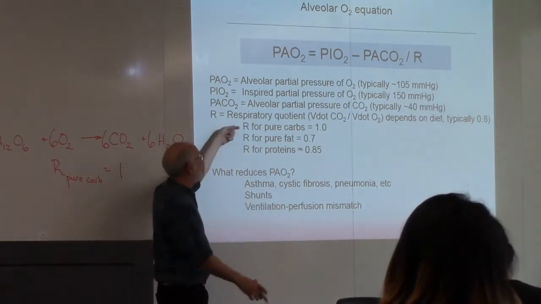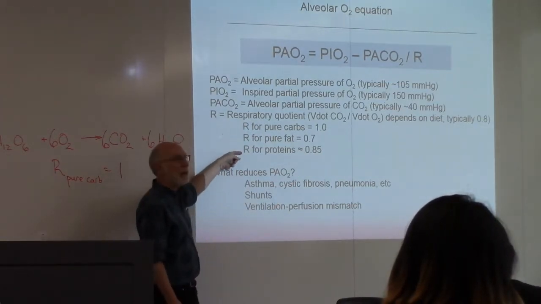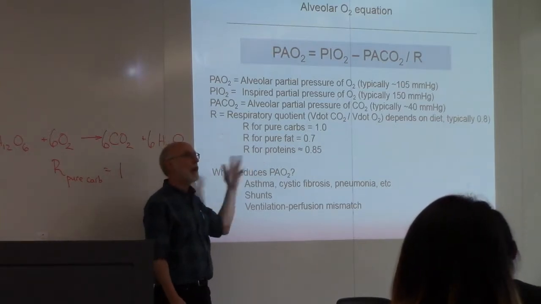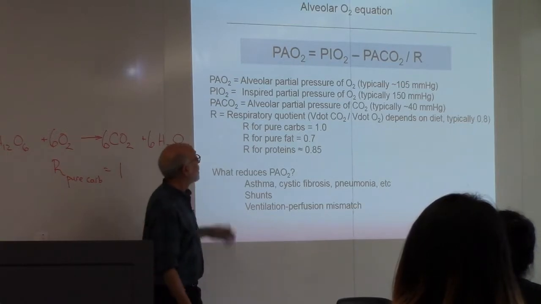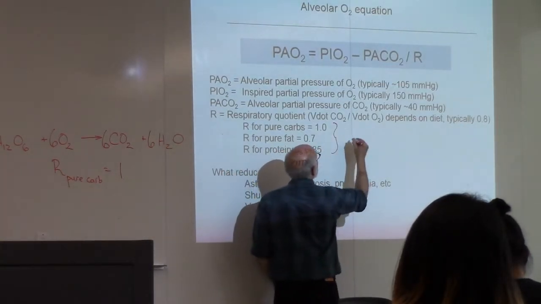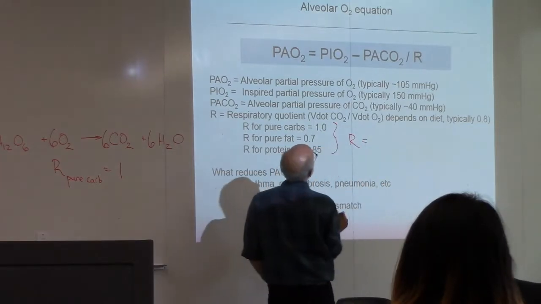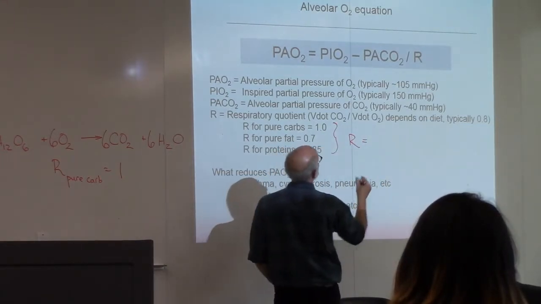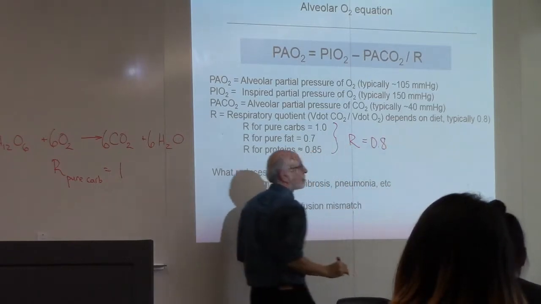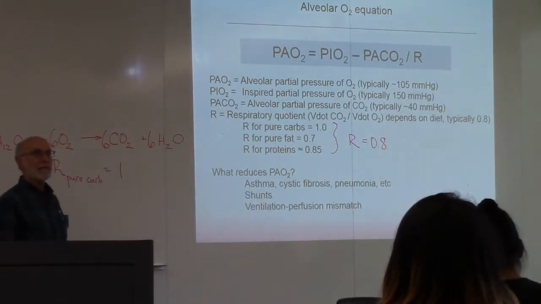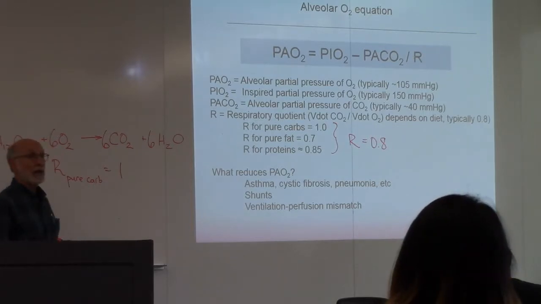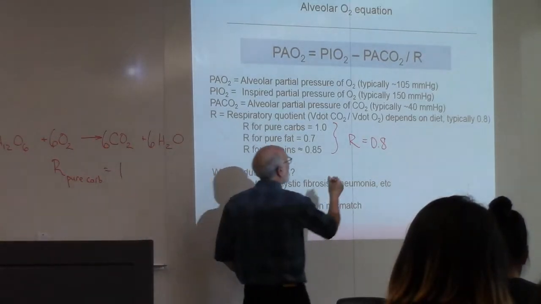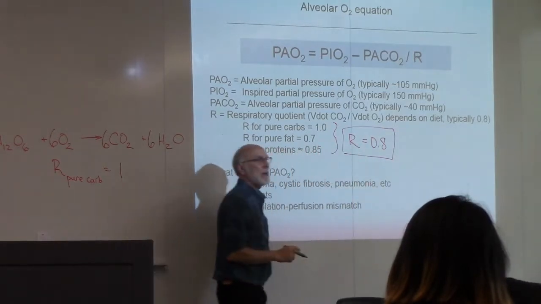But the point is, we don't eat pure carbohydrate, we don't eat pure fat, I hope, and we don't eat pure protein. We eat a mixed diet. Even if you're on one of those special Atkins diets, you're eating something that's mixed. And the typical R is, I think I put it up there. Typically, it's 0.8 for a mixed diet. And if a clinician is calculating the alveolar oxygen equation, or even if a machine is doing it, they're just assuming a mixed diet.